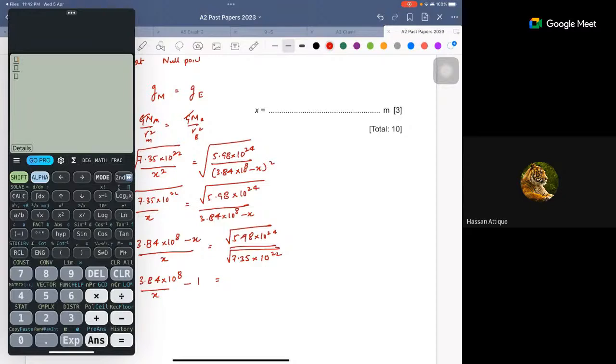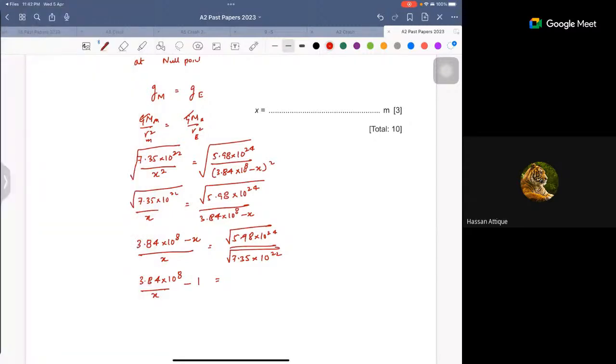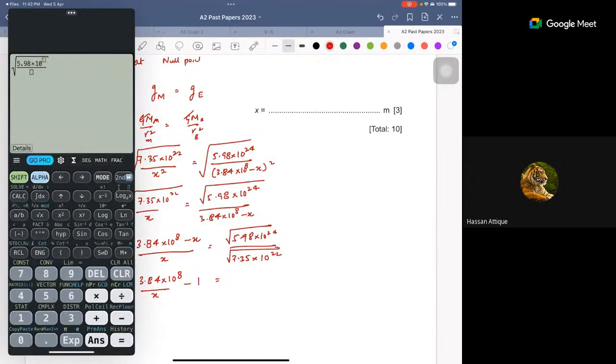I'm going to solve this in a better way. 5.98 times 10 raised to power 24 divided by 7.35 times 10 raised to power 22, the square root of that comes out to be 9.02. And you add 1 here, so it's going to be 3.84 times 10 raised to 8 equals 10.02 times x.